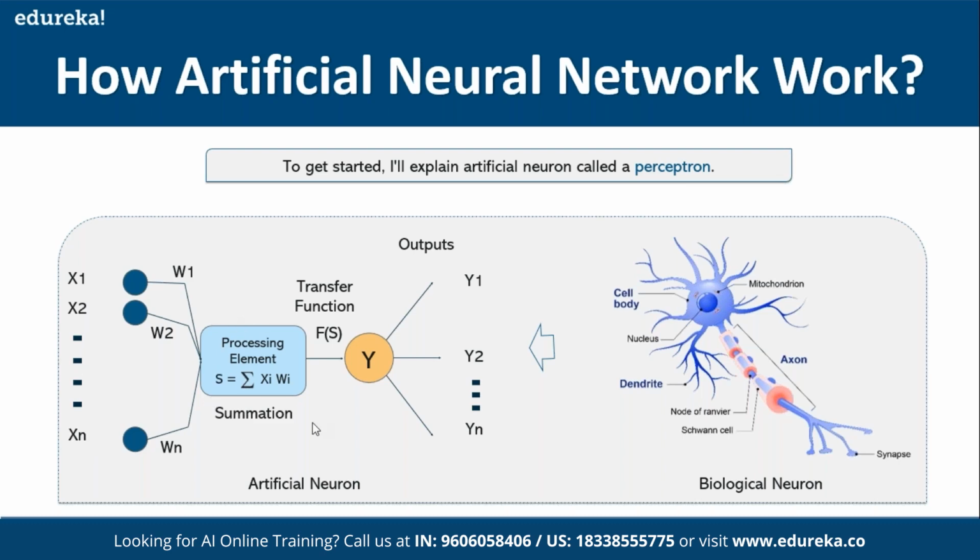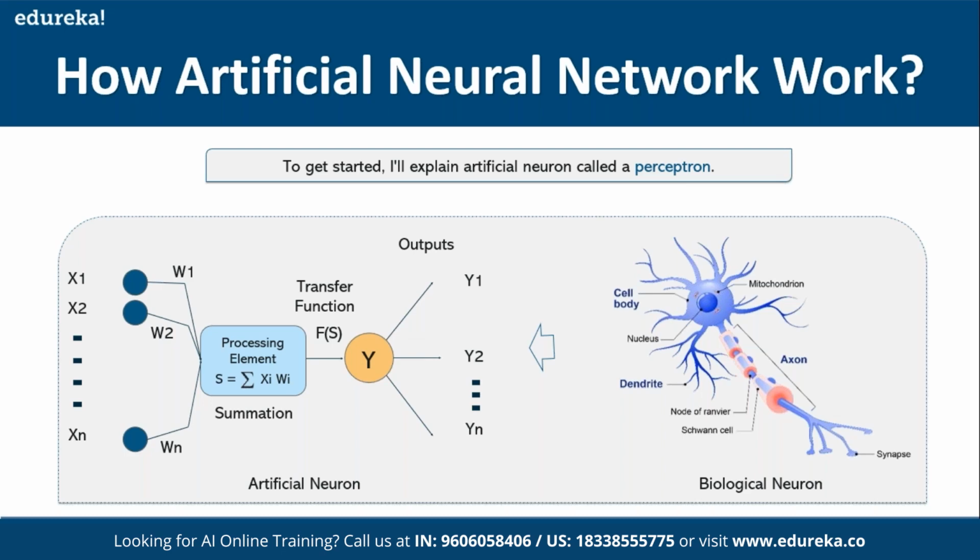Then we have a processing element where all the inputs are combined based on the weight. So what is the weight? We will talk about it. The factor of importance that we give is a weight. Basically, the input with weight becomes your processing. Then we have a transfer function, which means whatever data is processed, based on a trigger, the output is fired. That's where we say a neuron fires.